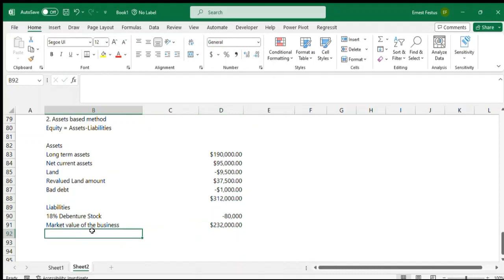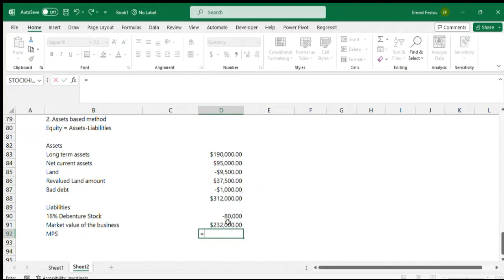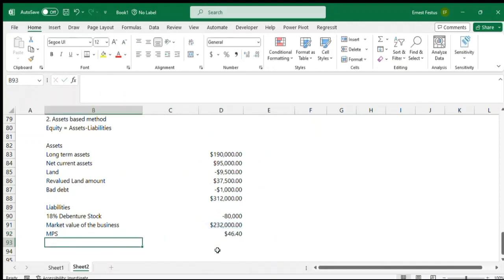So our market price per share is going to be equal to this amount divided by our total number of shares, which is 5,000. So that is 46.6.